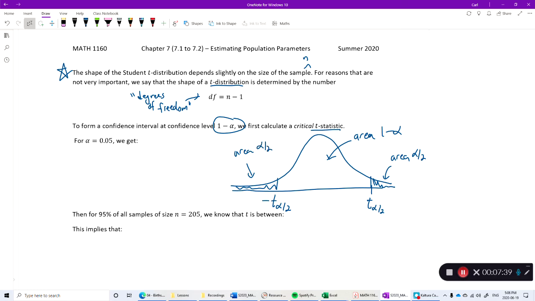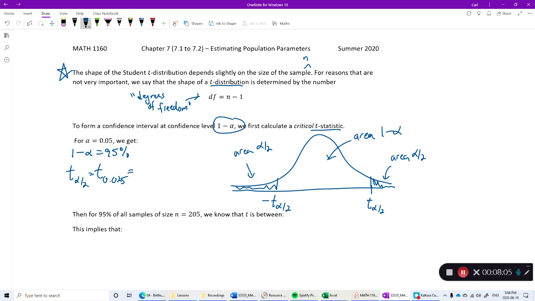And how do we calculate it? Let's say we had 5% alpha. So in other words, 1 minus alpha would be 95%. Here's how we calculate it. T alpha over 2 would be t 0.025. How do we get it? We're going to use Excel again.